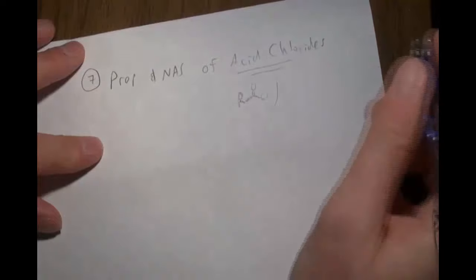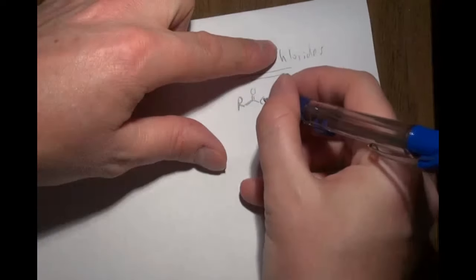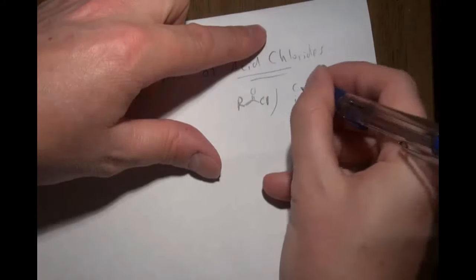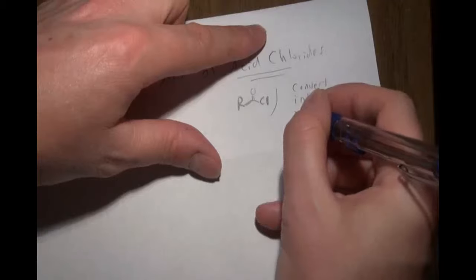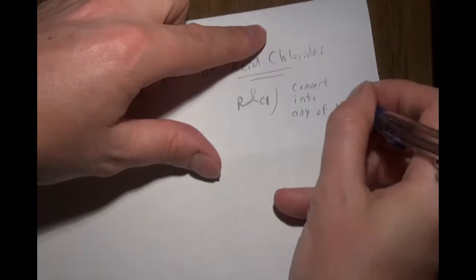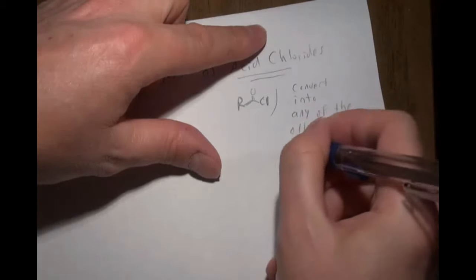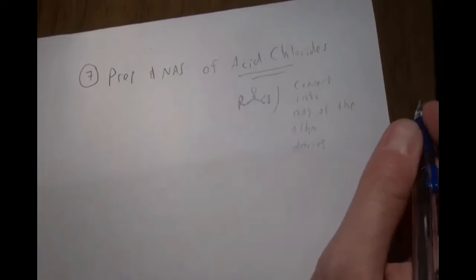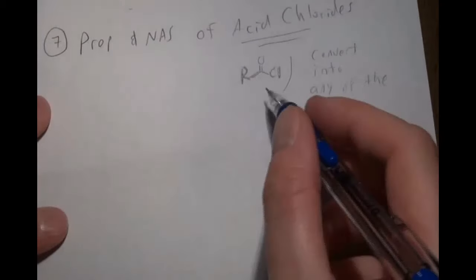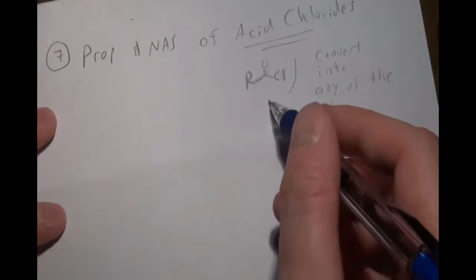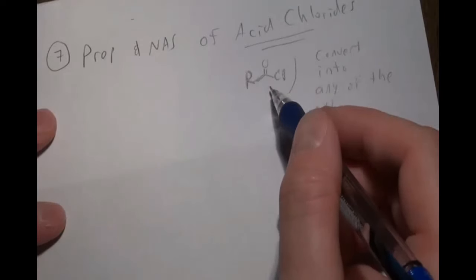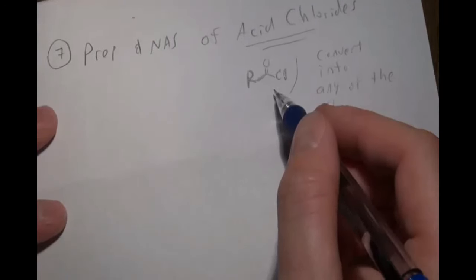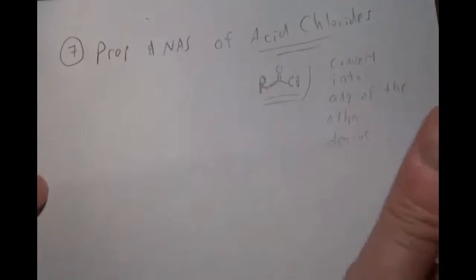By that I mean you can convert an acid chloride into any of the other derivatives. Now that makes it really useful because I can convert this into an anhydride, I can convert this to an ester, I can convert this to an amide, I can also convert it to a carboxylic acid. So acid chloride is versatile, right?